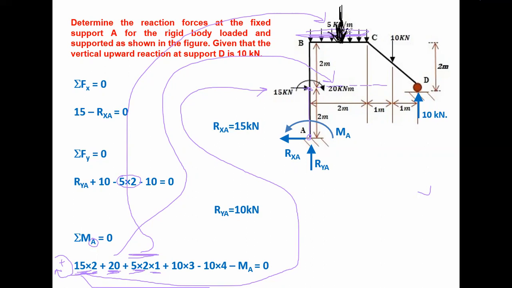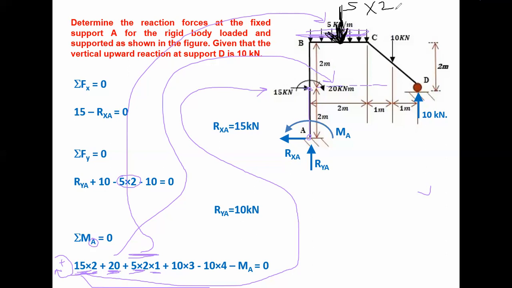In the middle of this link BC, in the middle of this UDL. So wherever you get a UDL, you just replace that UDL by a point load acting in the middle of the UDL. Okay, so here I have replaced this UDL by a point load, and I have applied it in the middle of the UDL. So where to apply this point load, that we have understood. Now what should be its magnitude? Because you are replacing this UDL by a point load, its magnitude must be 5 into 2.